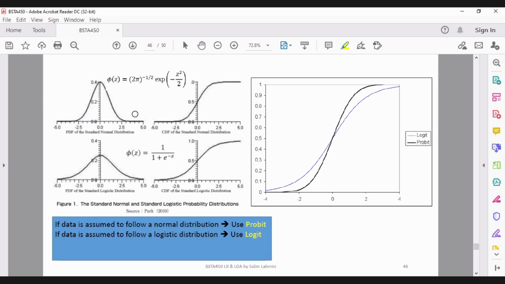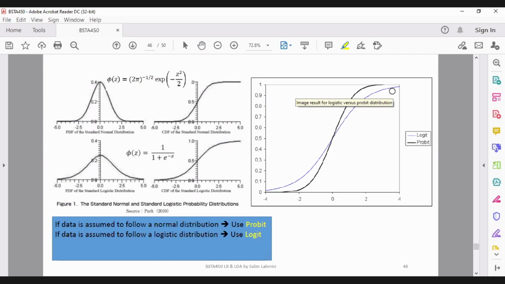Parisa tonight will show you how to use logits and probits under SAS. Both logits and probits provide probability values between 0 and 1. Whatever x is, whether negative or positive, the corresponding probability value is always between 0 and 1. The difference is simply in the nature of the distribution.